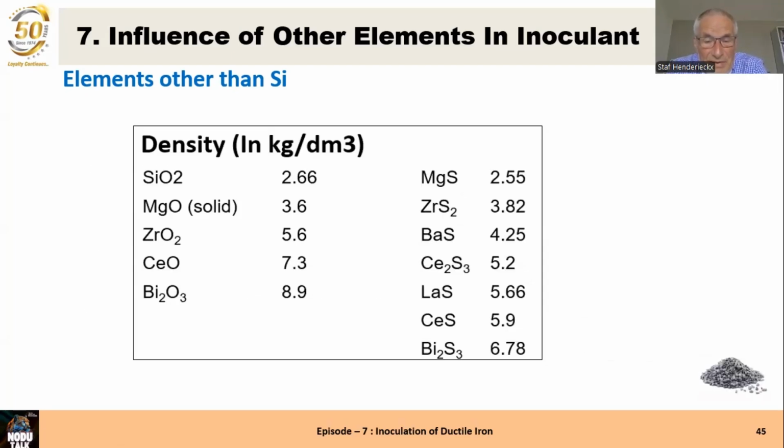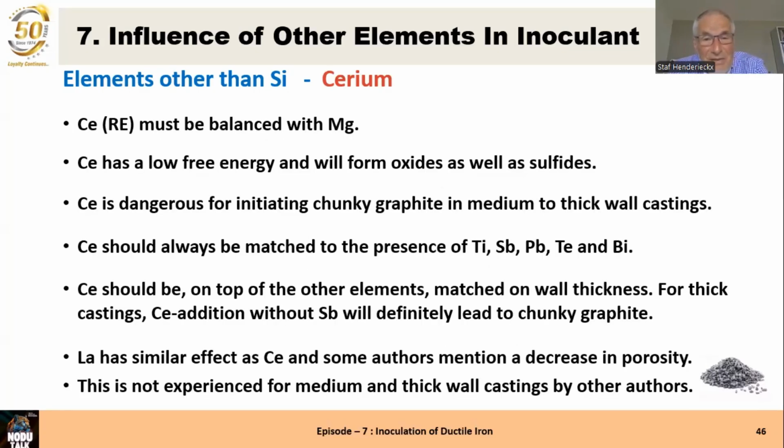Here are the densities again, and as we said already before, the silicon oxide nuclei is the one who has the highest fading effect because it has the lowest density and will disappear very, very quickly. The same as magnesium sulfur, very low density compared to the others and will fade very, very quickly. So look at this graph when you say, okay, I buy an inoculant with something, you can see here what the effect is.